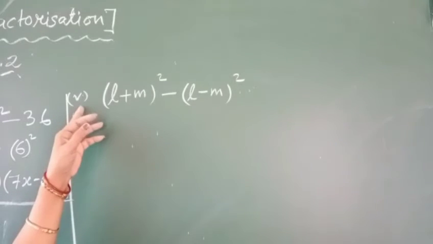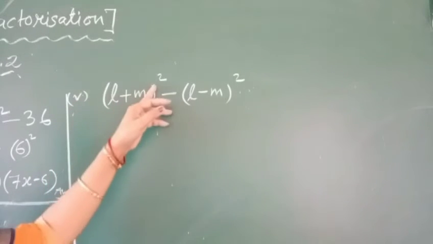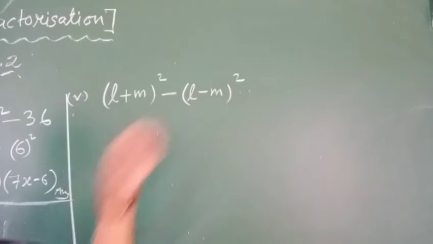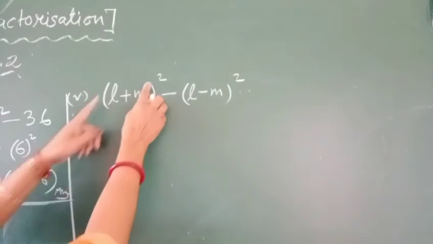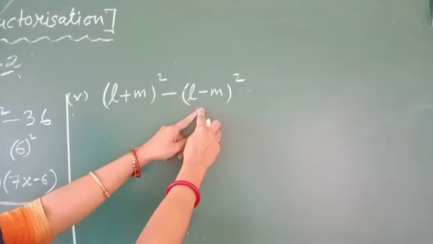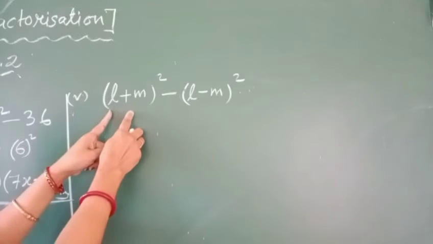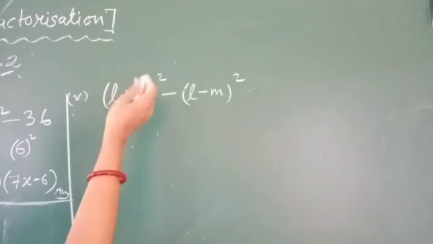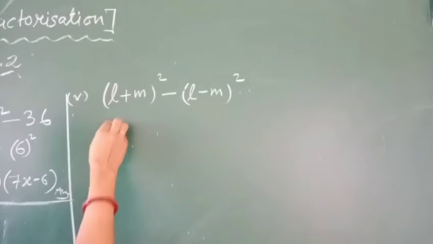Now look at this question number 5, (l plus m) whole square minus (l minus m) whole square. Yes, we can see that if I take this whole portion as a and this portion as b, then I can express it as a square minus b square. Let's try.